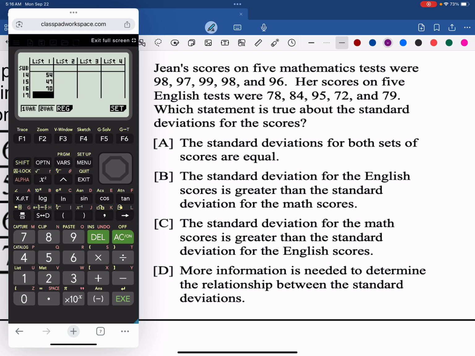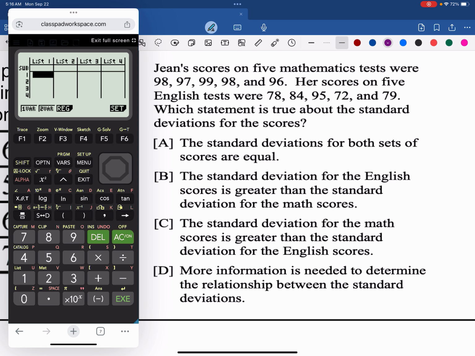So, you're going to clear out your data set. And then we're going to enter in each new data set separately because I haven't taught you guys the 2 variable stats as yet.